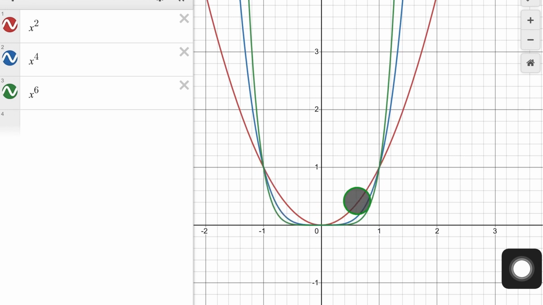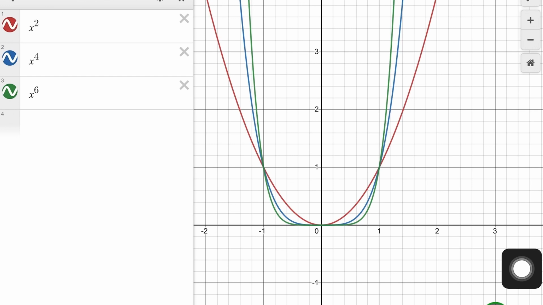Between 0 and 1, the red one, x square, has a higher value than the other two, and beyond x equal to 1, the red one has a lower value than the other two. Similarly, from 0 to 1, x to the power 6 is the lowest one, and beyond 1, the green graph, x power 6, has higher values, and the symmetry is on the negative side. So they have the same nature.